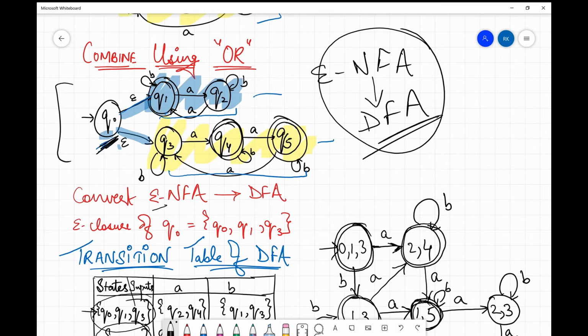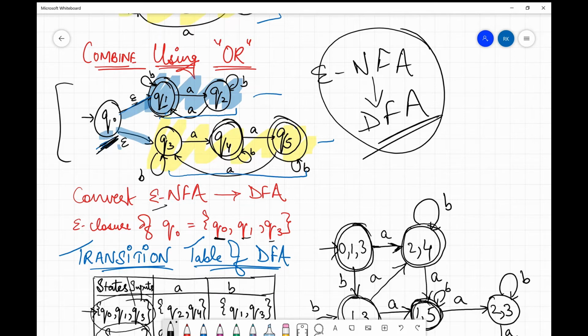Now, since it is an e closure of Q naught, Q naught will definitely be coming out there. So Q naught I've written. Then by giving Q naught the input of epsilon, I'm able to reach Q1 as well as Q3. So I've written Q1 and Q3 over here. If I give epsilon as input to Q1, there is no epsilon transition, so there is no state that I can reach.